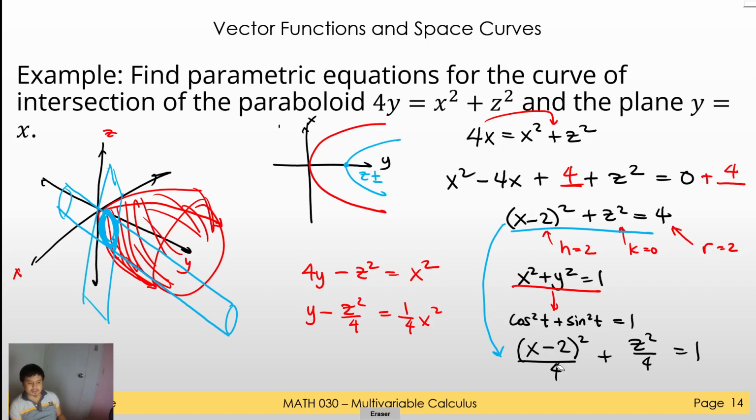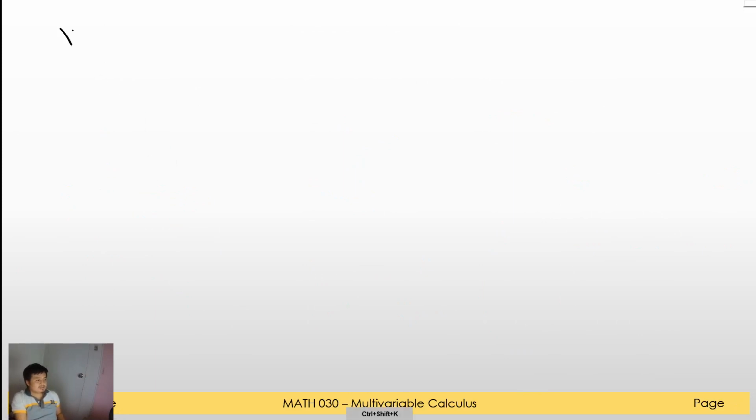So we can rewrite this as well, we can combine this, we have 2 squared at the bottom, and also for this one, z over 2 at the bottom. So this one can be equated as cosine, and this will be equated as sine. So we have x minus 2 over 2 is equal to cosine t.